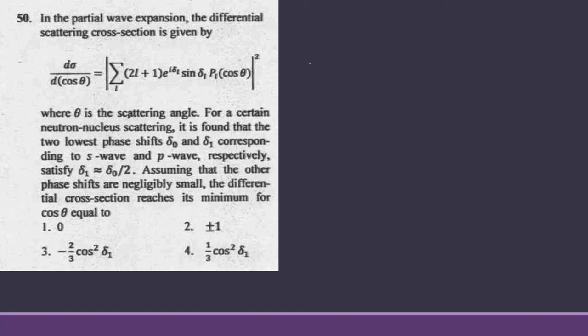Okay, so this is a very simple question, because here what is given to you, that for S wave means L is equal to 0, and for S wave the phase shift is delta naught, and for P wave means L is equal to 1, and for P wave the phase shift is given to you delta 1, because L is equal to 1, delta is delta L. So you change the index by L is equal to 0 and L is equal to 1.